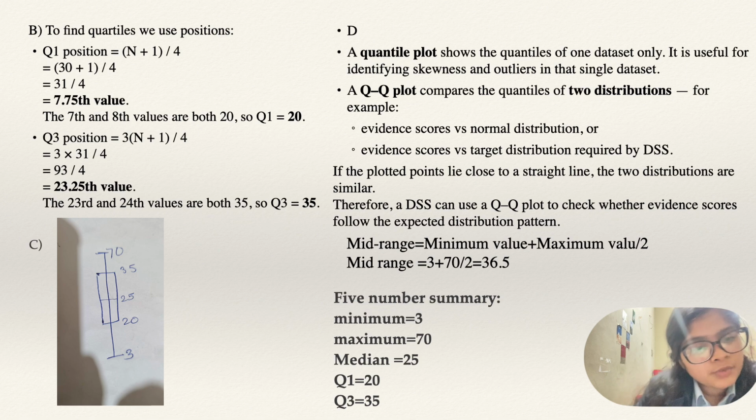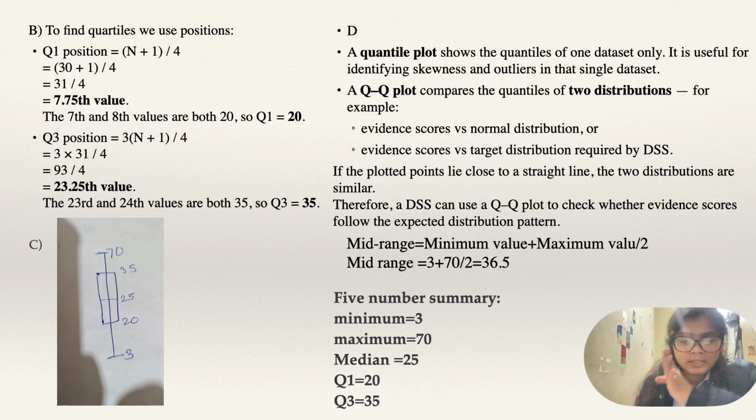We add 1 to the total number of data points and divide it by 4. When we do this, we get 7.75. We need to see the 7.75th value. The 7th value and the 8th value are both 20. So Q1 is equal to 20.